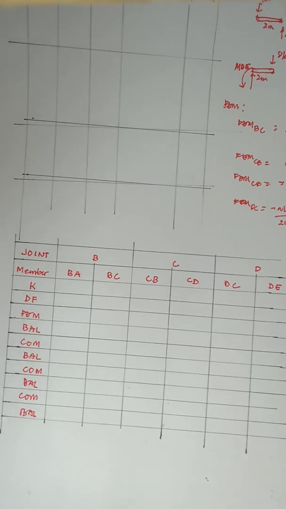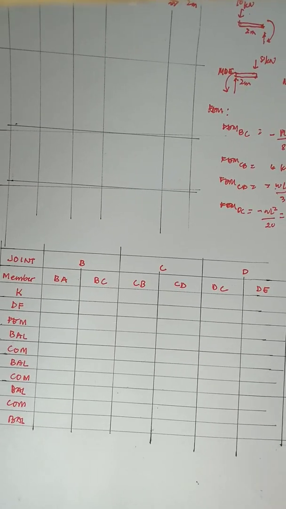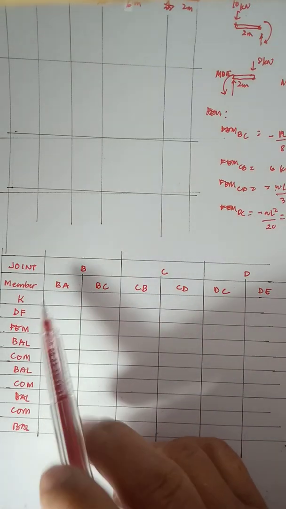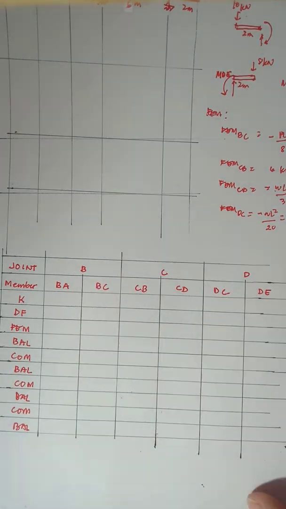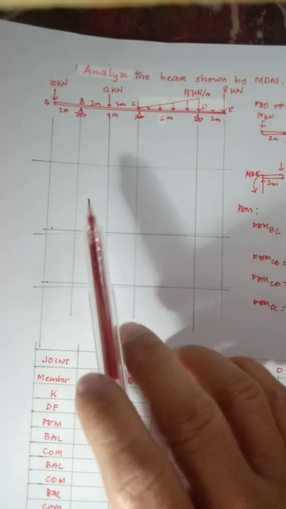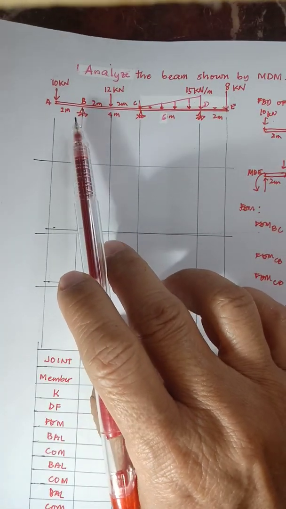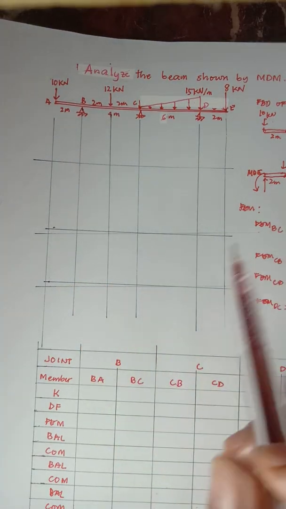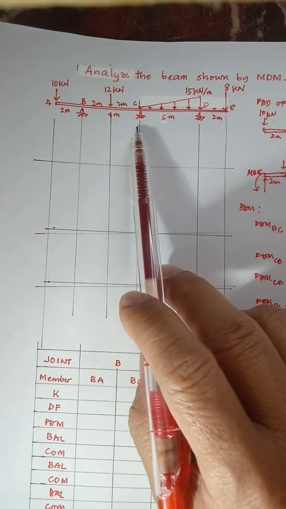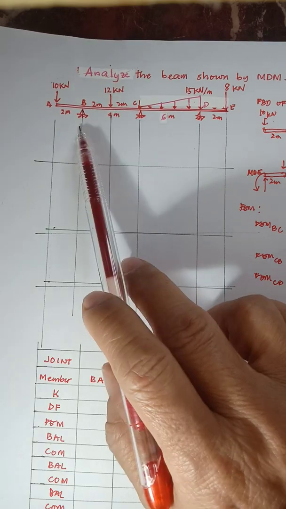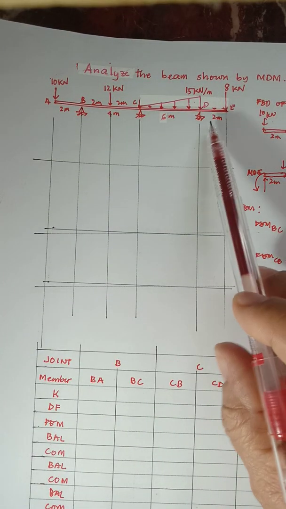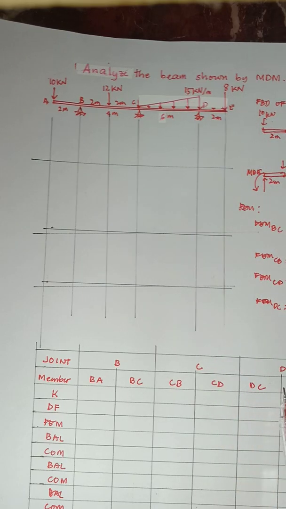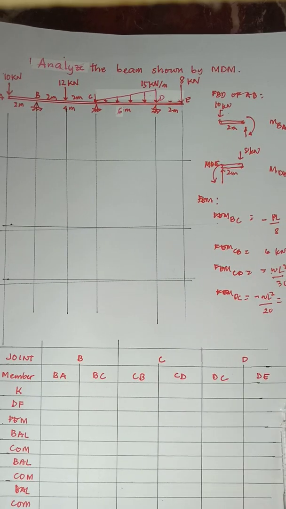Okay, so I have here already a table to fill up. At joint B, you have members BA and BC. The overhang there is not included. At joint C, you have CB and CD. And at joint D, you have DC and DE.